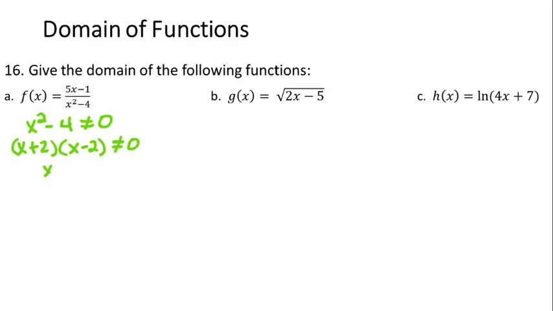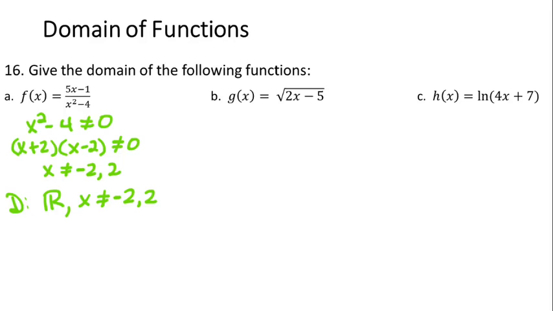And so this means that x cannot equal -2 or 2. And so if we were going to write out a domain, this would be all real numbers, x not equal to -2 or 2.